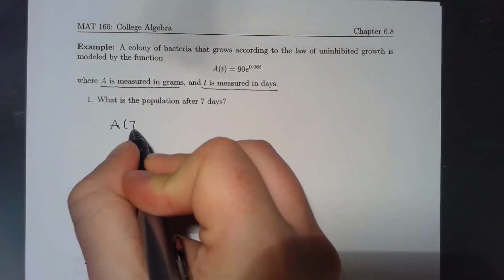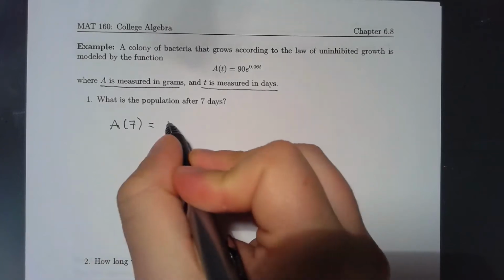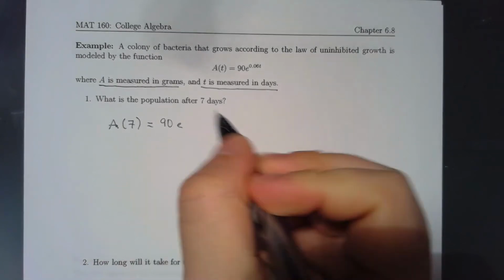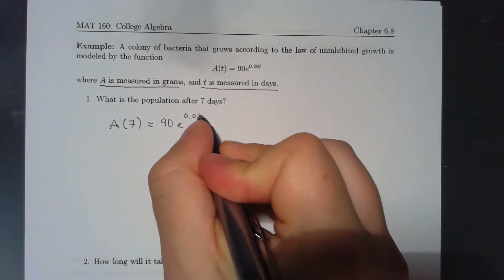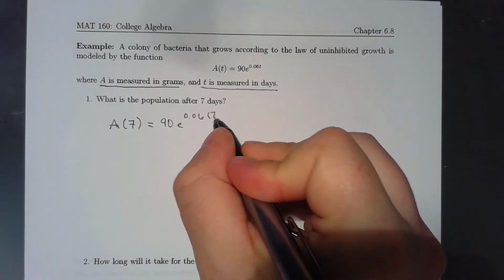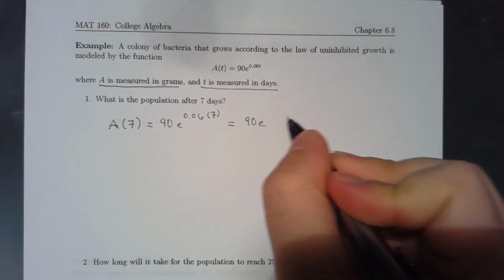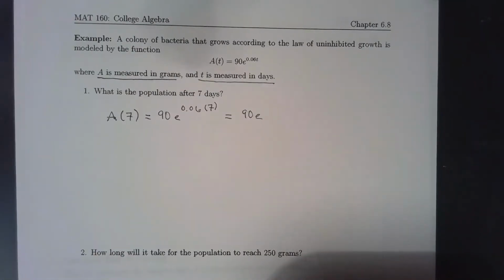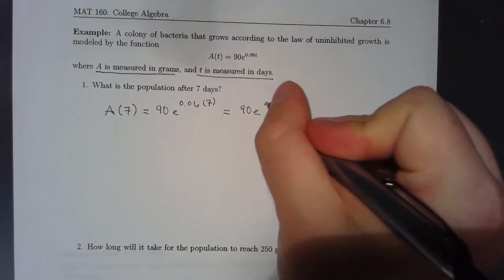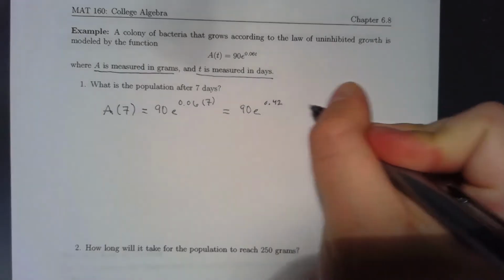So A evaluated at 7 is equal to 90 times e to the 0.06 times 7. 0.06 times 7 is 0.42.